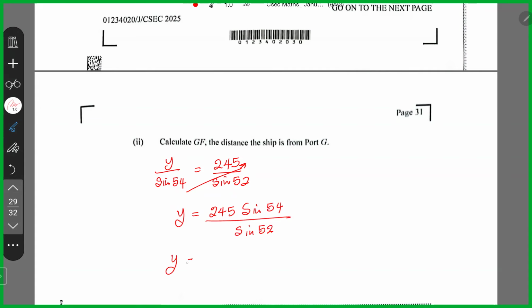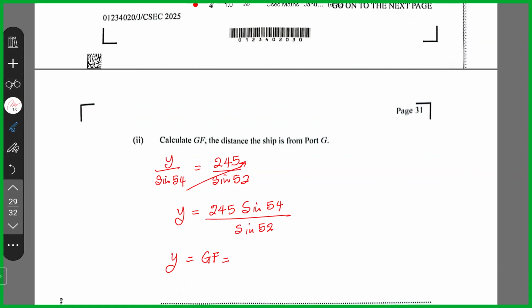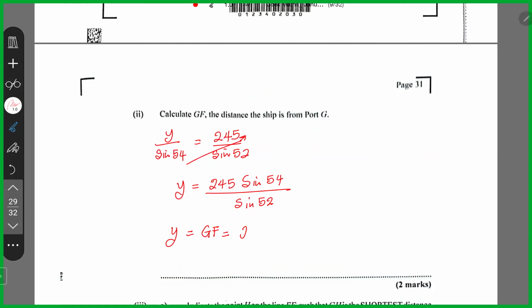So Y, which is GF, would be equal to 251.5 kilometers.